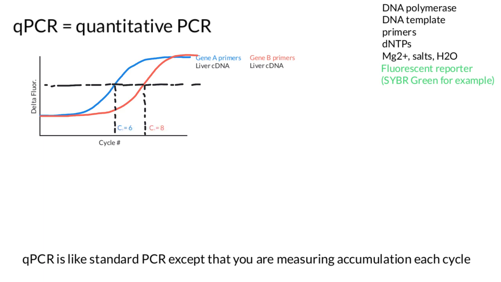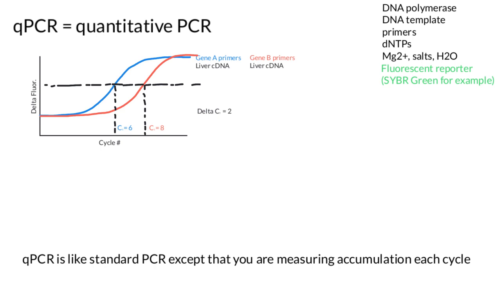So we can see that our blue line for gene A reached half max 2 cycles earlier than the red line did. This gives us a delta CT, or the change in the CT value, of 2 for this particular liver cDNA sample.